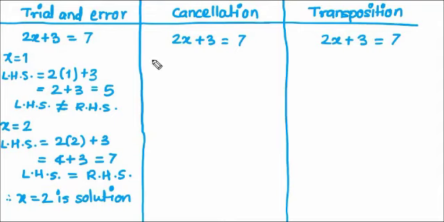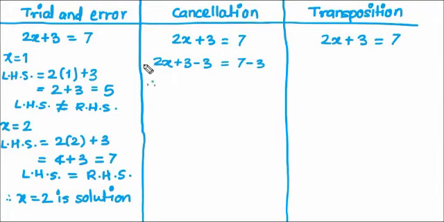So what we have here is 2x plus 3, and I want to know the value of x. I want to keep x as it is and get rid of all other numbers or terms on this side. So I'll keep 2x as it is first, and I will get rid of 3 by doing minus 3. But if I'm doing minus 3 on the left hand side, I have to do minus 3 on the right hand side also.